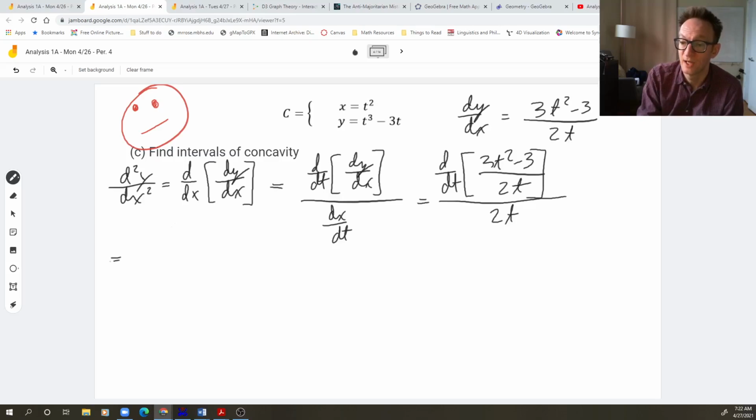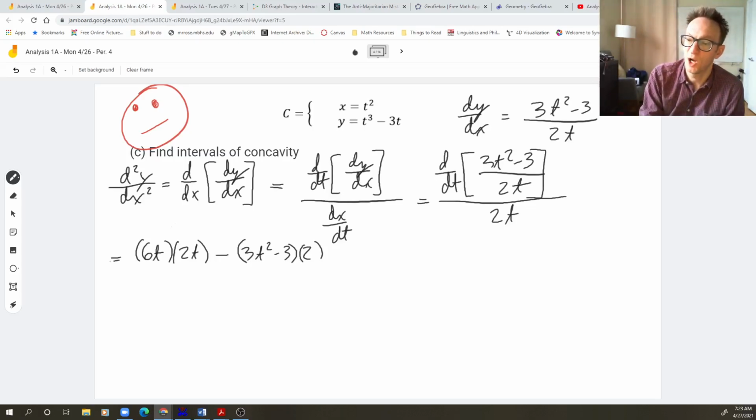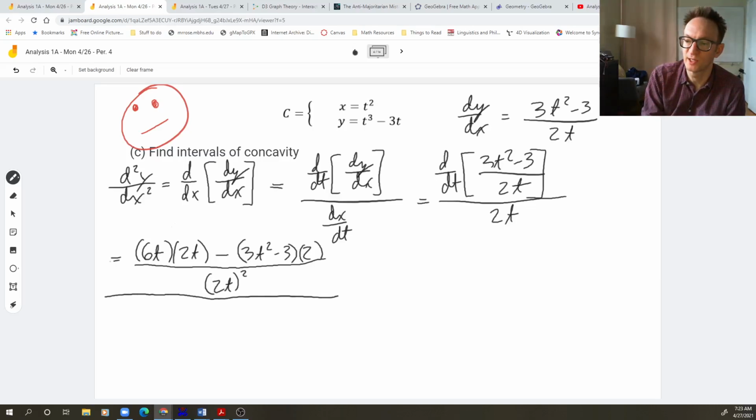Derivative of the top, which is 6t, times the bottom 2t, minus the top 3t squared minus 3 times the derivative of the bottom, which is 2. The top times the bottom minus the top times the derivative of the bottom all over the bottom squared, but then all of that is over 2t.